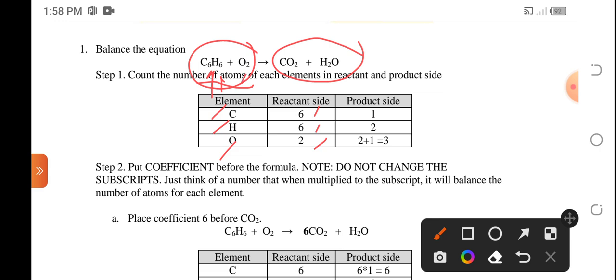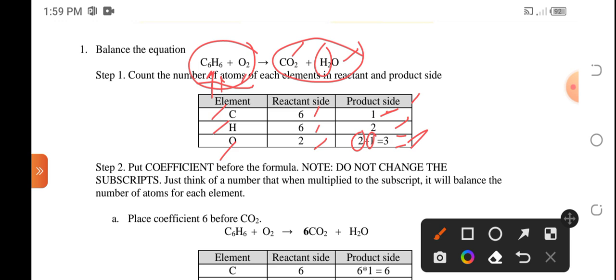Those are the original counts. On the product side, carbon is 1, hydrogen is 2 coming from the water, and oxygen has two sources: 2 from the carbon dioxide and 1 from the water, so the total oxygen in the original equation is 3. Looking at it, the number of each element on the reactant and product sides are not equal.